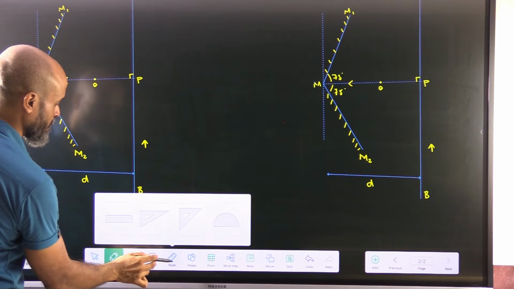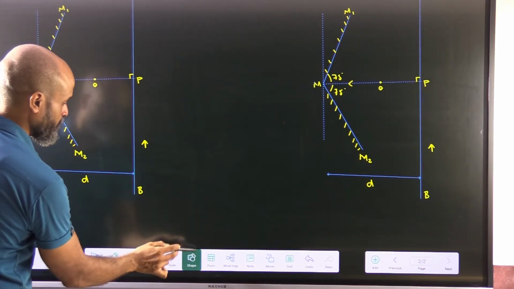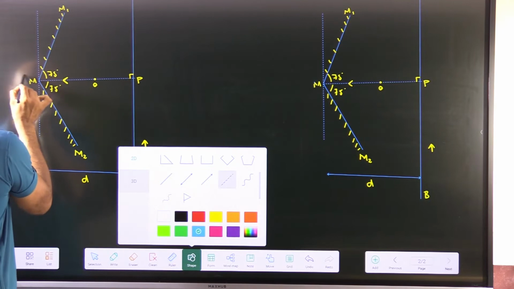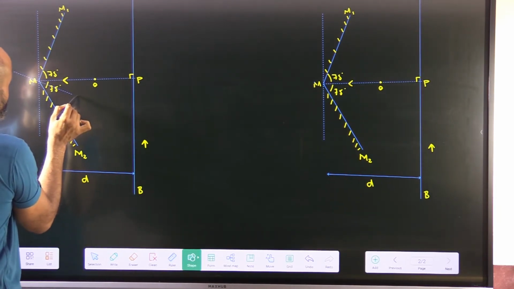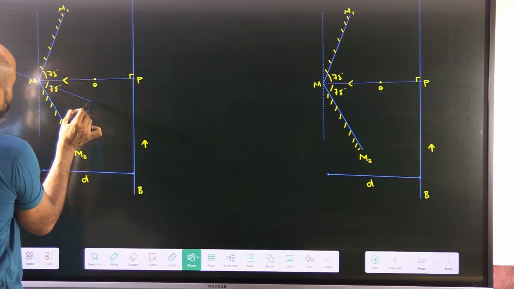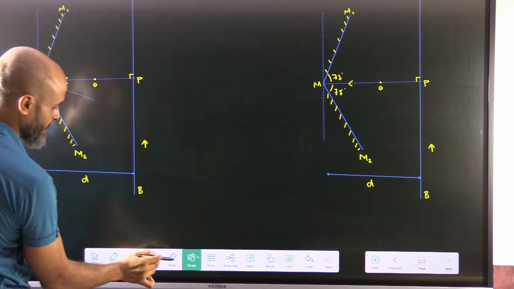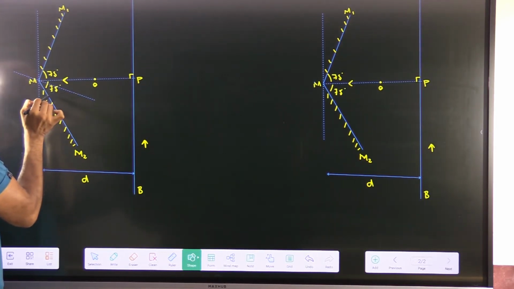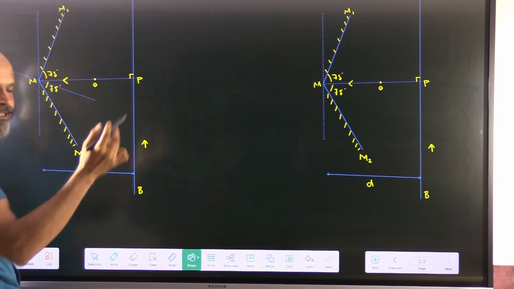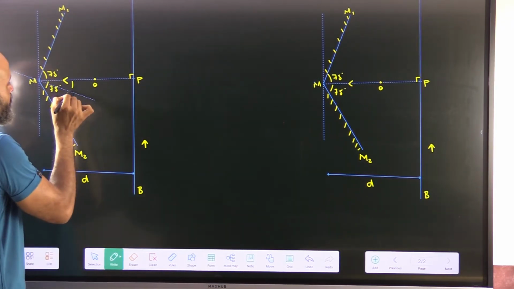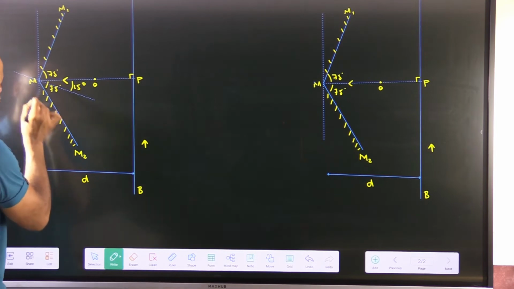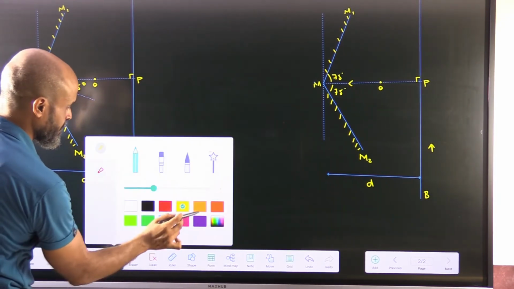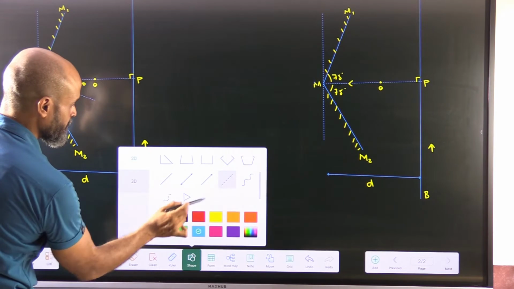Let's draw a perpendicular here on this surface. We know that this is 75 and this perpendicular makes an angle of 90 degrees, so this angle will be 90 minus 75, which gives us 15 degrees. Now this basically moves here.